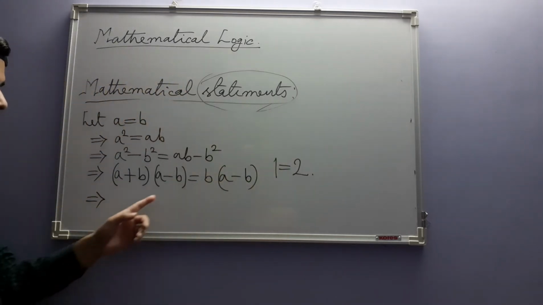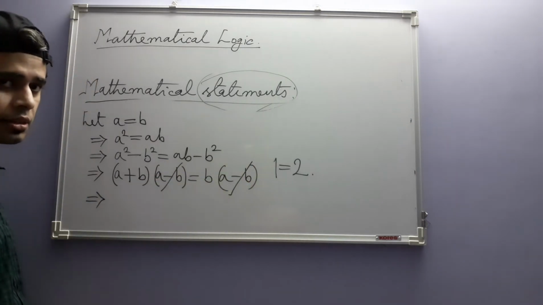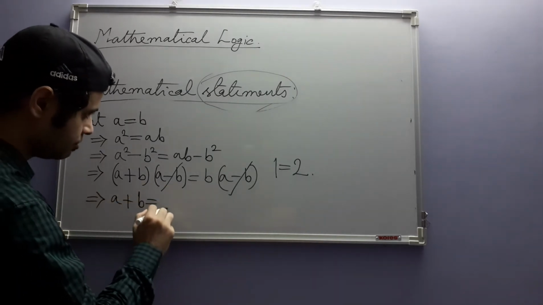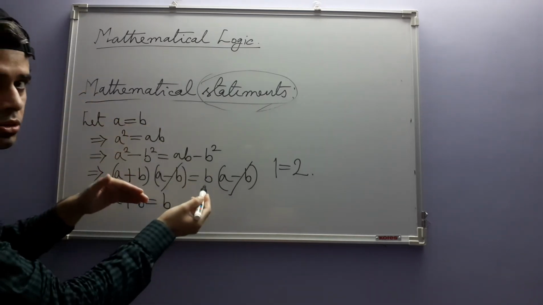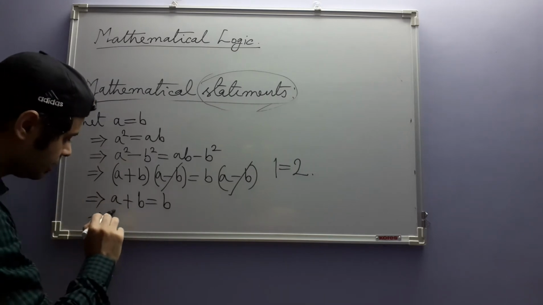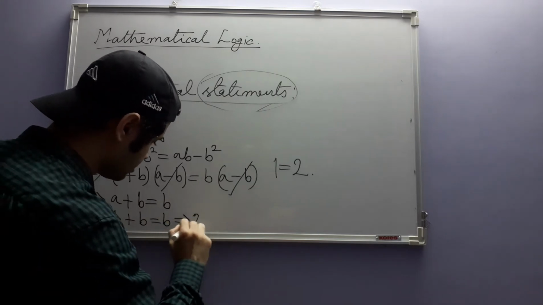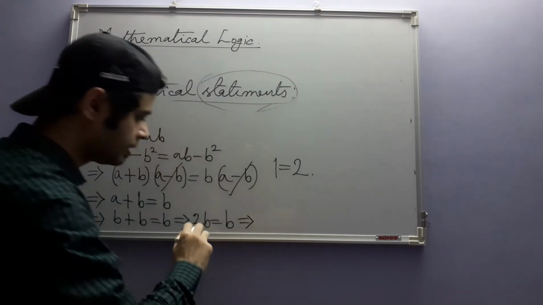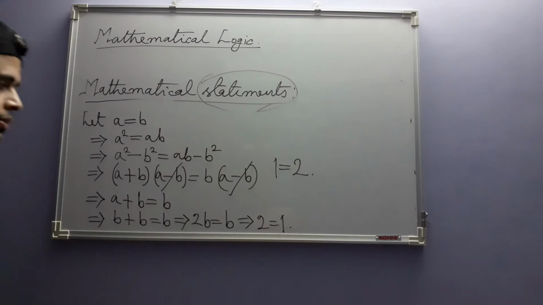Now because we have A minus B on both sides, we cancel them out, and that leaves us with A plus B is equal to B. But we know that A is equal to B. So writing B in place of A, we get B plus B is equal to B. So this implies 2B is equal to B. Now cancelling out B from both sides, we get 2 is equal to 1.